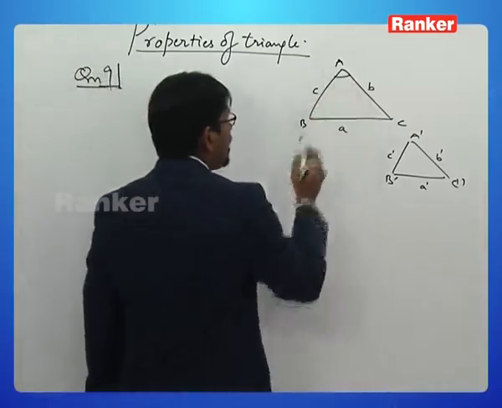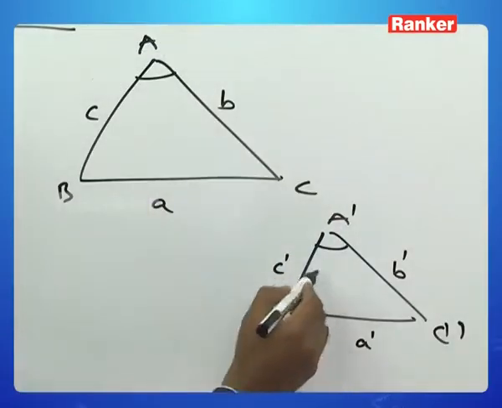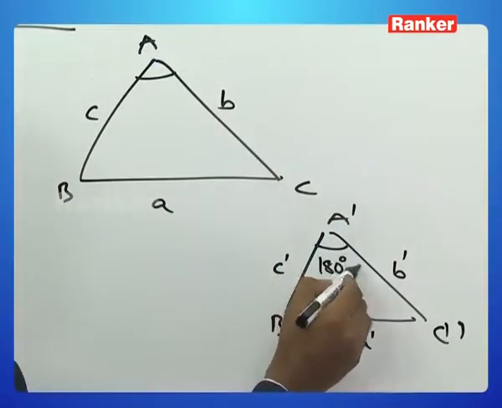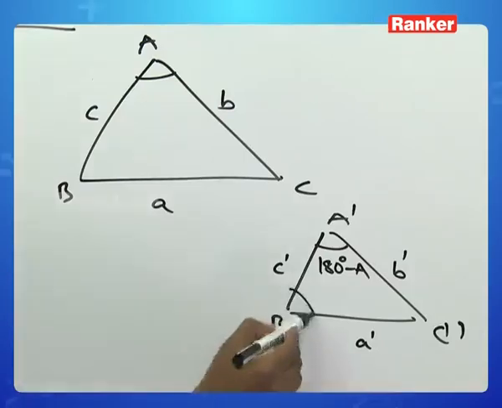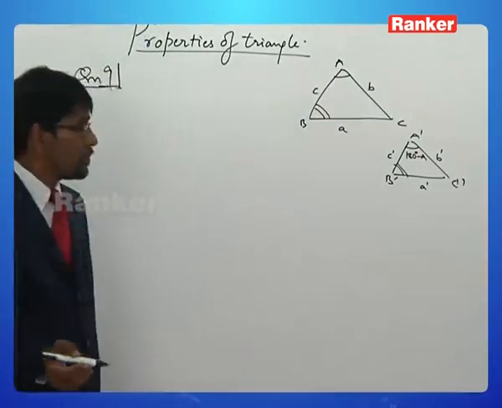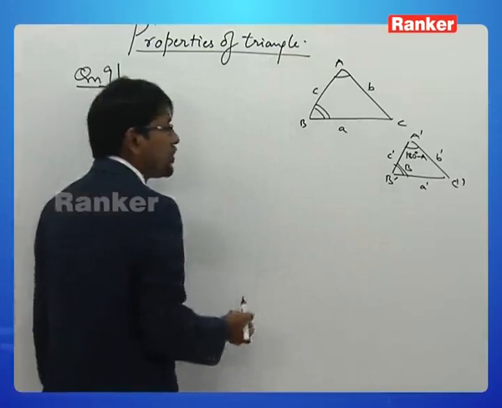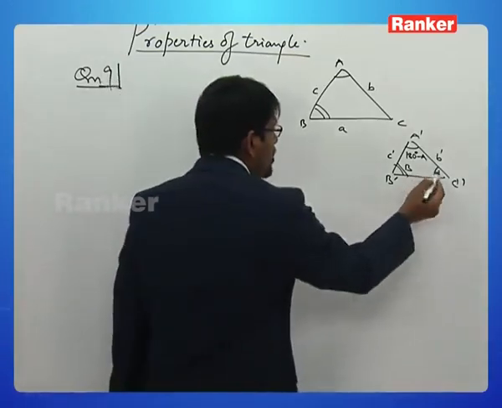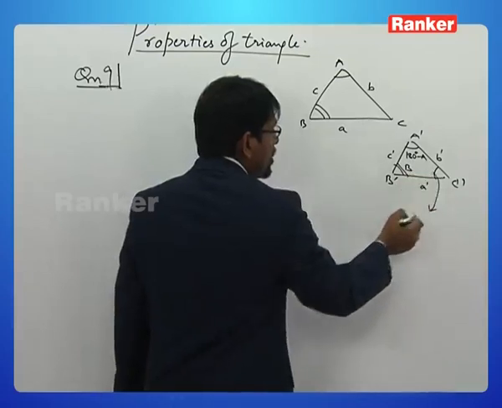So, angle A and A dash, what is angle A dash? 180 minus A. Angle B dash is same as angle B. These two are equal. So obviously, this in terms of A and B can be found out. What is C dash?